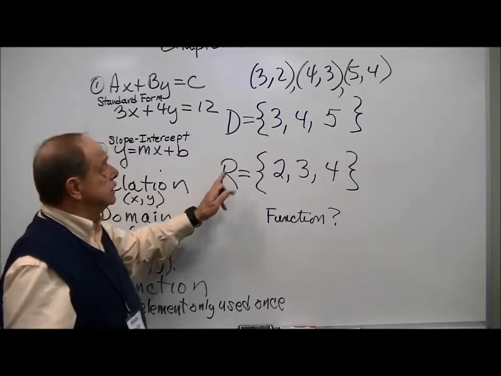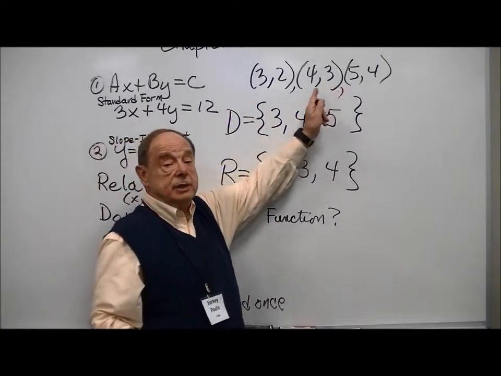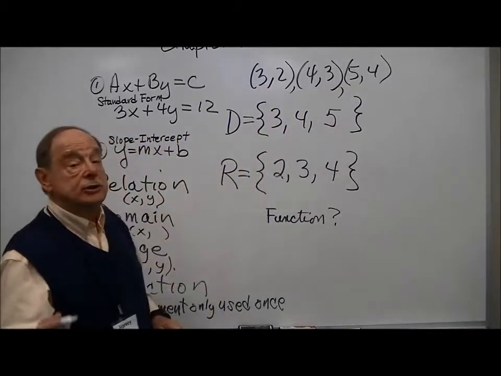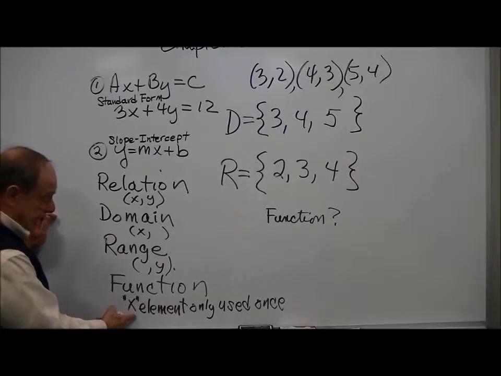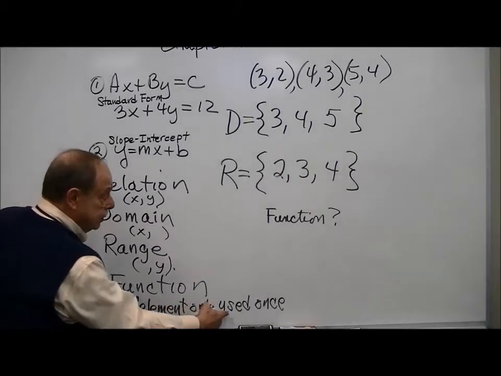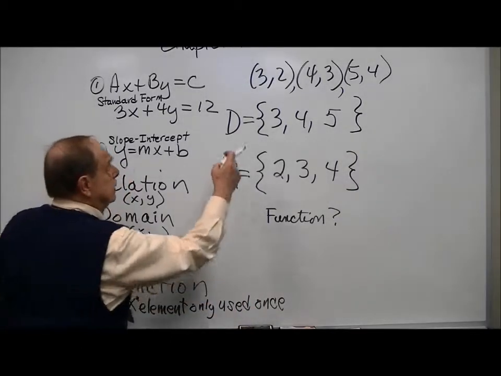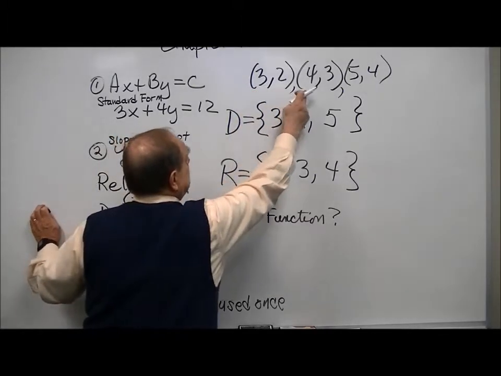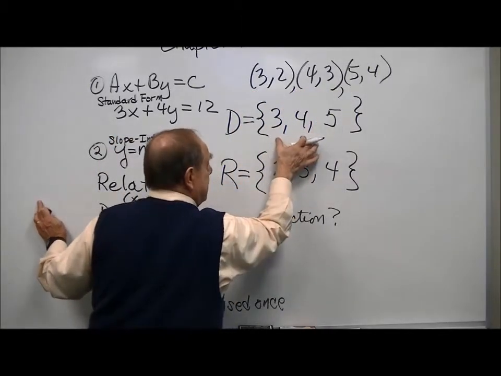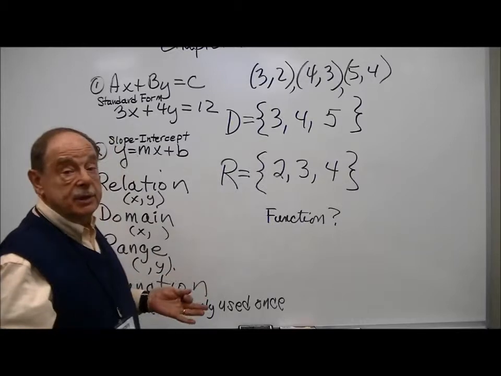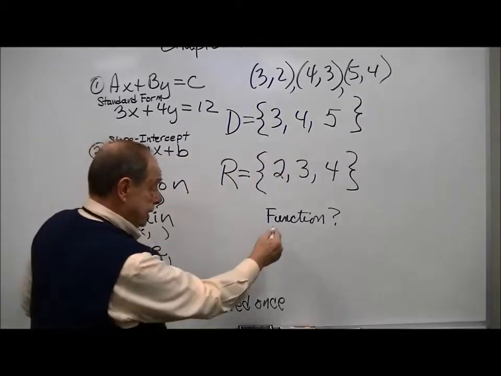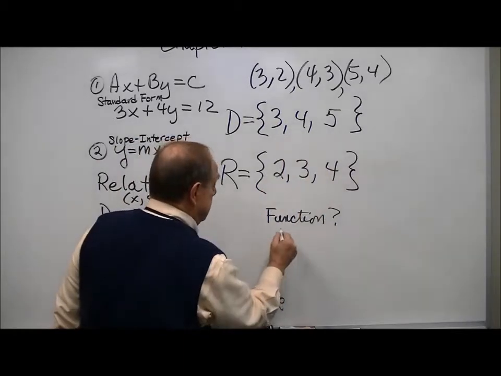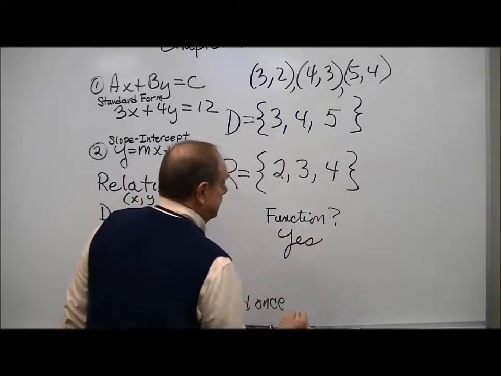Now the question is, is this relation a function? Well, let's look at function once again. It's the x element only used once. So as we see here, 3, 4, 5. Is the x element used more than once? And the answer is no. So is this a function? And the answer is yes.